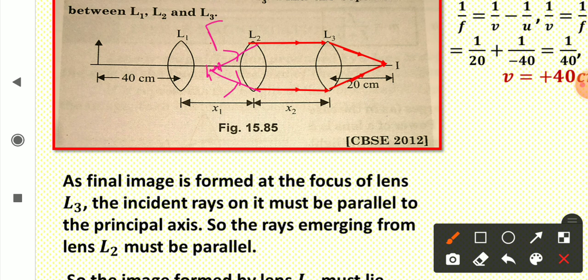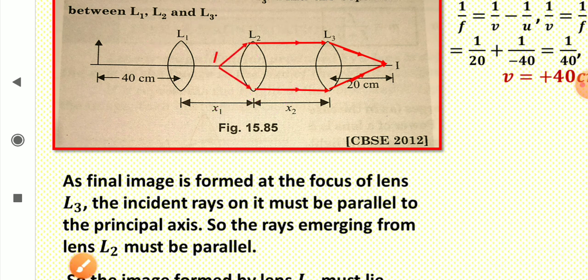So this must be the focus of the lens L2. The rays must be coming from the focus of L2, and then L2 makes them parallel. That means this point should lie at 20 centimeter, because the focal length of each one is 20, and the image formed by L1 should be at this focus only.